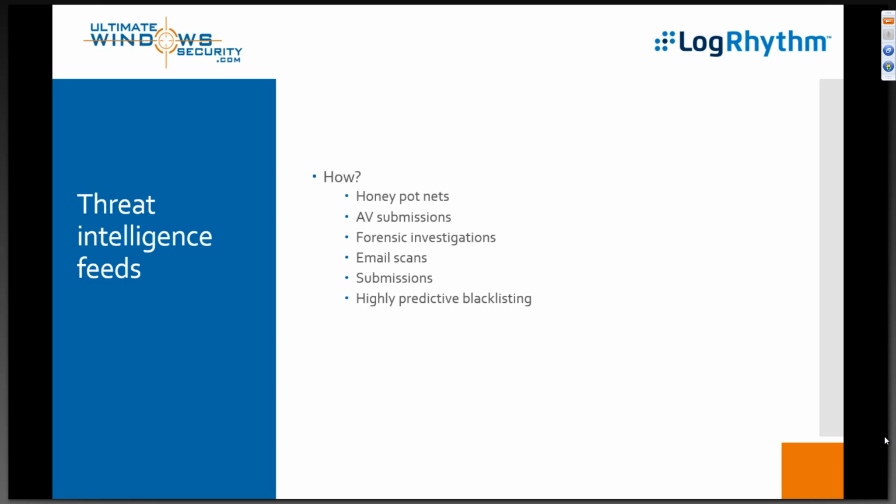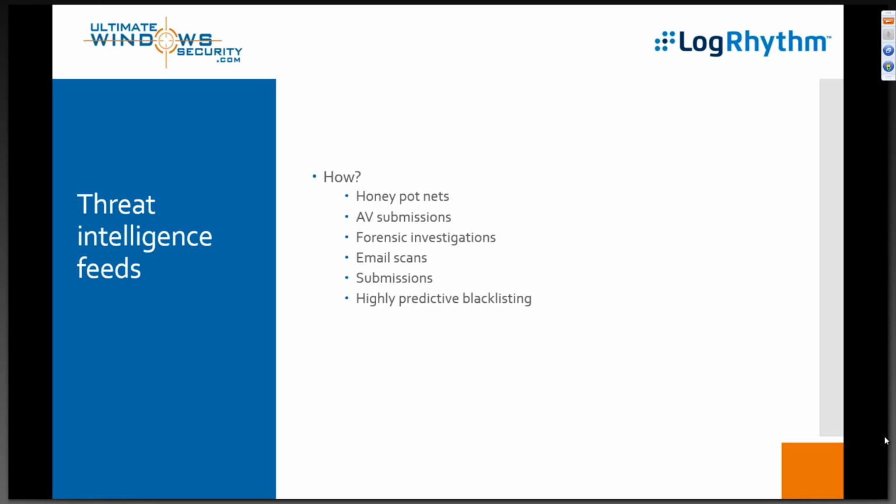of building threat feeds. AV submissions: the AV operation centers that work 24/7 around the world get in there, analyze the malware, and figure out how it finds its command and control servers. Forensic investigations from your high-end information security consulting firms that are called in to investigate breaches.